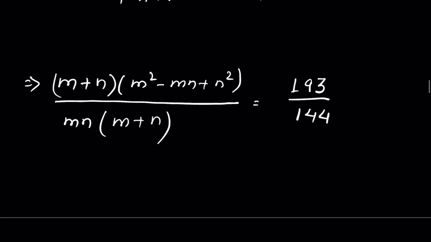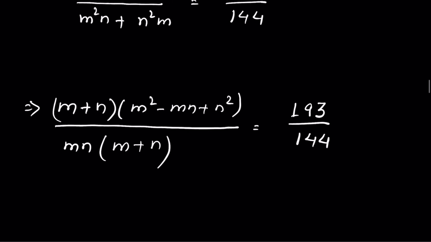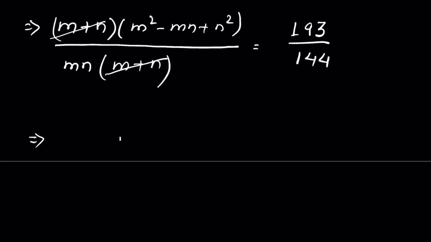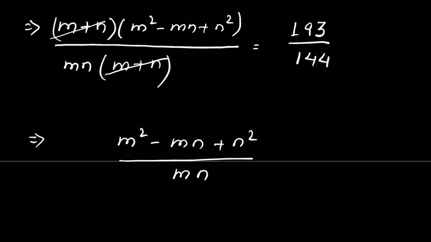Now these two are like factors, so we can cancel. Now we have m square minus mn plus n square upon mn is equal to 193 upon 144.